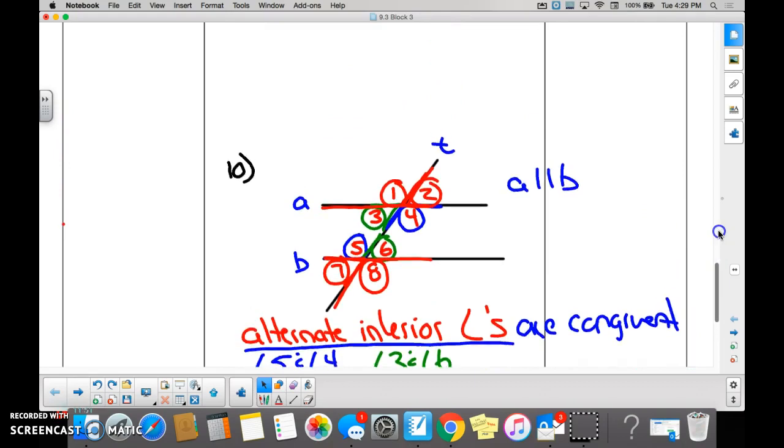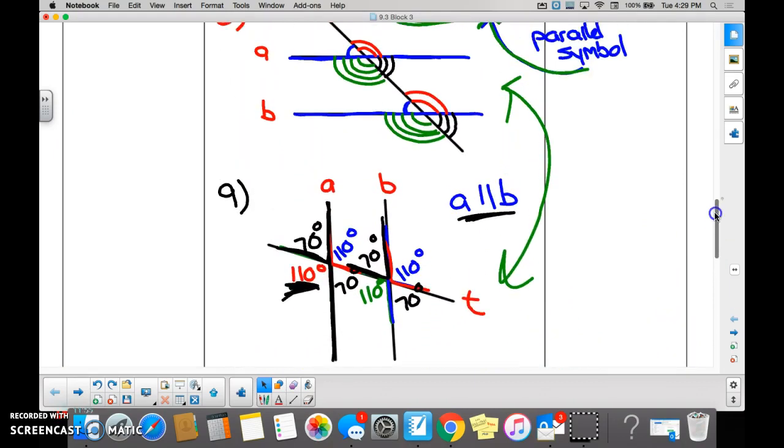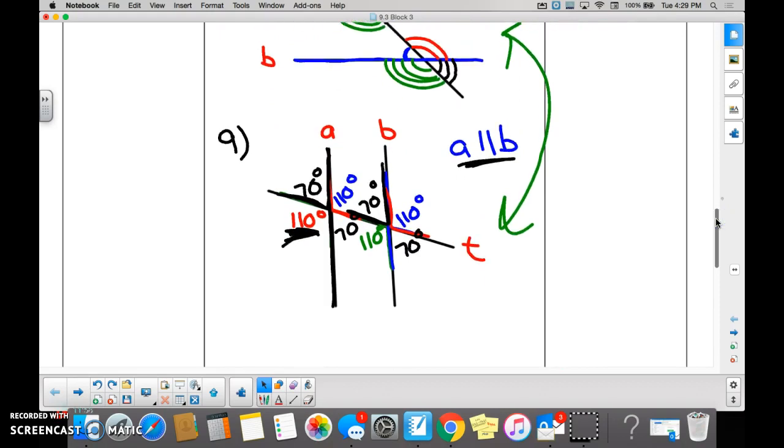I'm going to slide up here and just talk about interior and exterior angles again really quick. We have parallel line A, we have parallel line B. This 110 degree angle, which we already figured out, and this 110 degree angle are alternate interior angles because they're inside of A and B. And look, they're equal, 110 degrees.